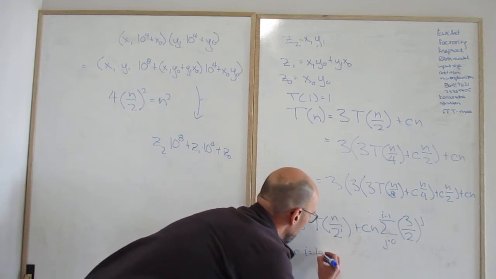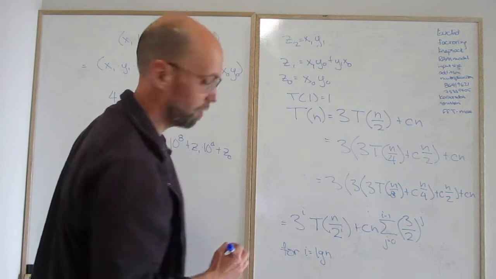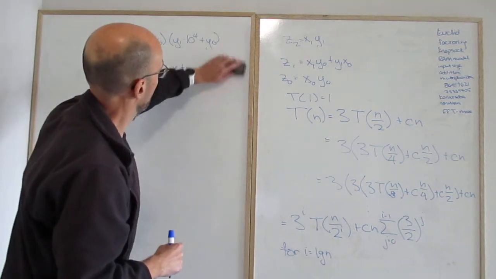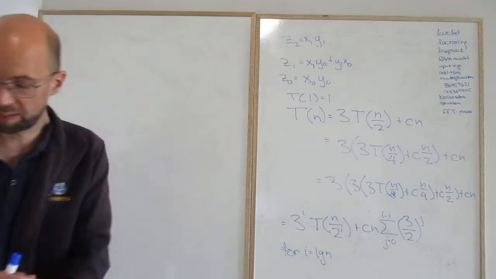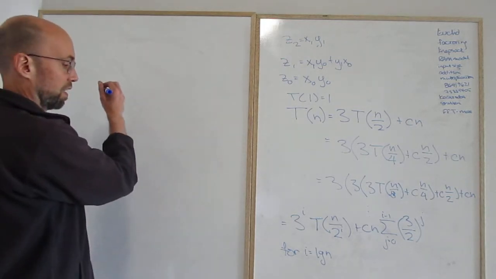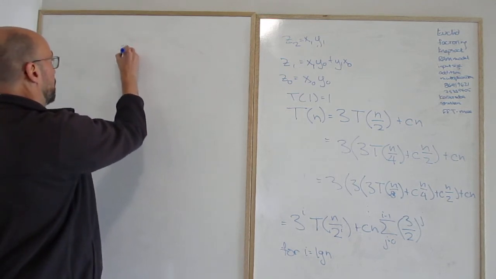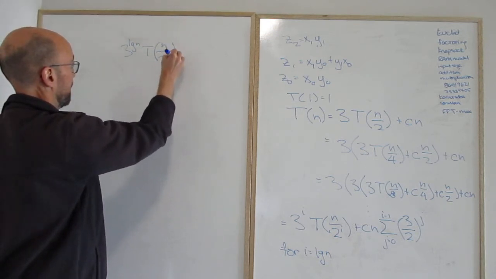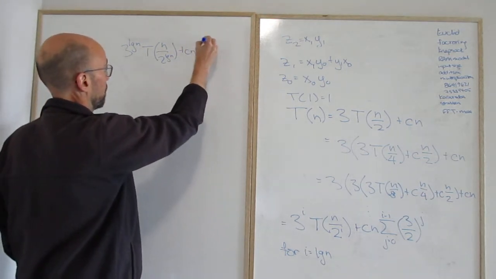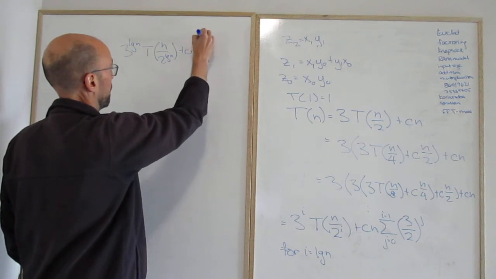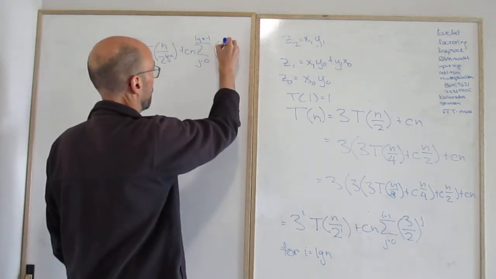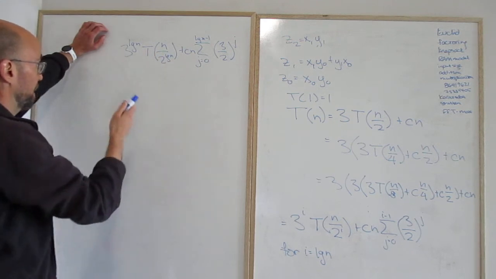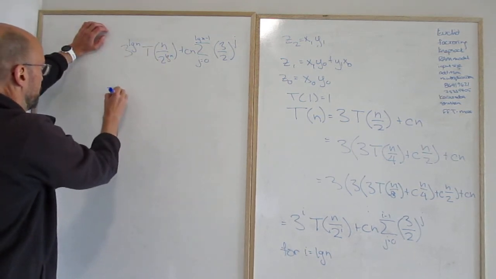For i equals log n, this is 3^(log n) T(n/2^(log n)) plus cn times the sum for j equals 0 to log n minus 1 of (3/2)^j. 2^(log n) is n, so this is T(1), which is 1, so this is just 3^(log n).